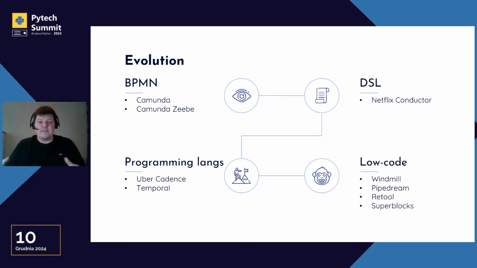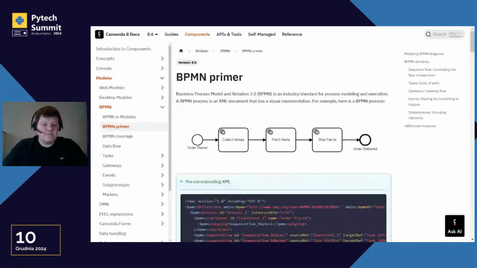And I also prepared for you my understanding of the evolution of this type of solution. In the past, products like Camunda and ZB, both products still exist, used the same approach of BPMN, business process model and notation. And it's much easier to just check an example from the Camunda documentation.